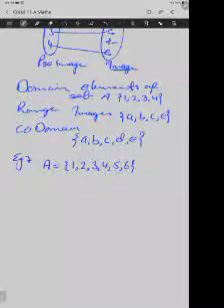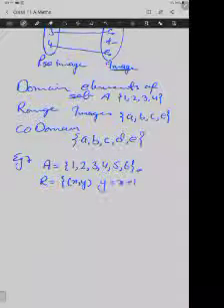Define a relation R from set A to A, means in the pre-images as well as in the images, set A we will be taking. So R will be equal to (x, y), where y is equal to x plus 1.